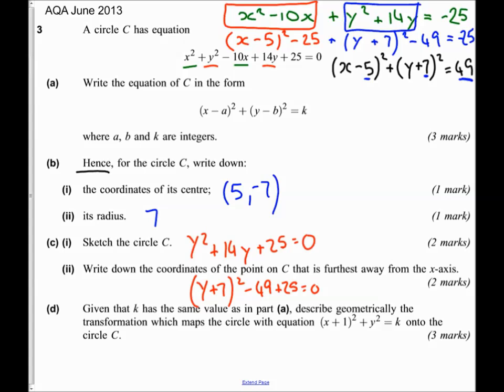That gives us (y + 7)² = 24. So y + 7 = ±√24. So I'm going to end up with y = −7 ± √24.